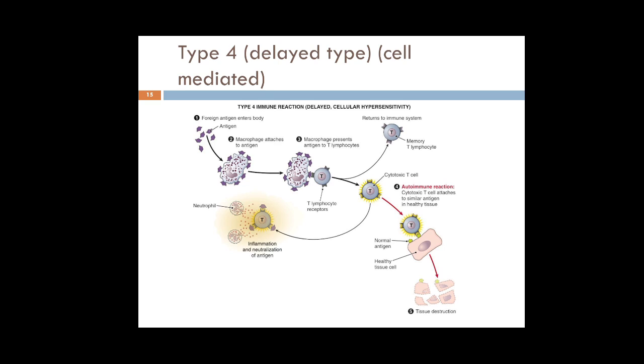So these T lymphocytes become cytotoxic T cells. So here occurs an autoimmune reaction. Cytotoxic T cells attach to the similar antigen in the healthy tissue.